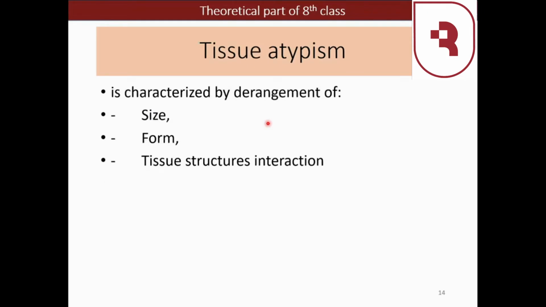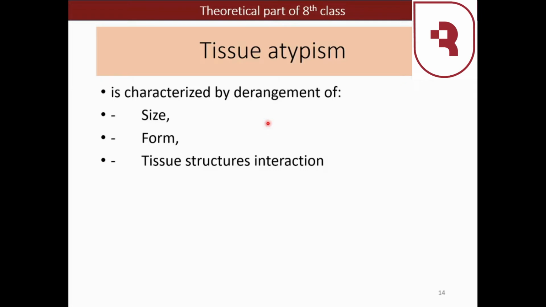Tissue atypism is a part of morphological atypism which is characterized by derangement of size or form or tissue structure interactions. So the tumoral tissue looks somewhat different compared to normal tissue.